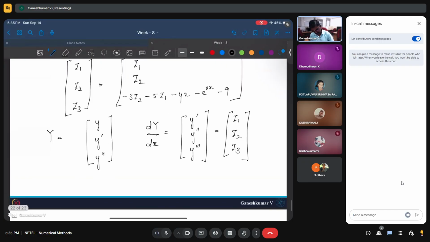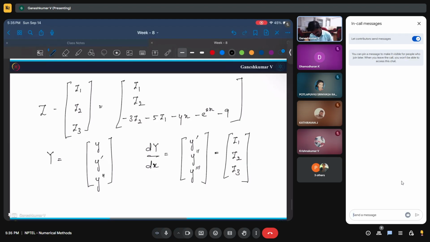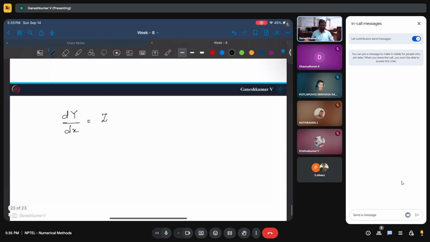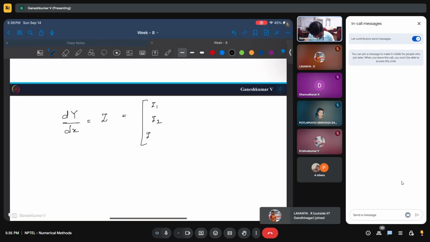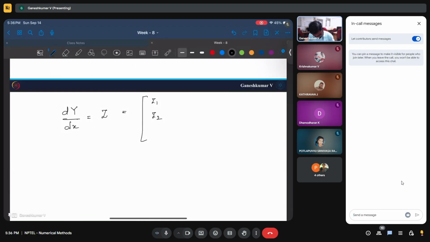So finally you can write dY by dx is equal to capital Z, where capital Z is equal to z1, z2, z3, that is, z2, z3, and minus 3z3 minus 5z2 and so on.